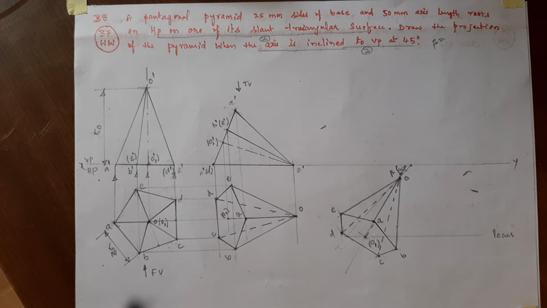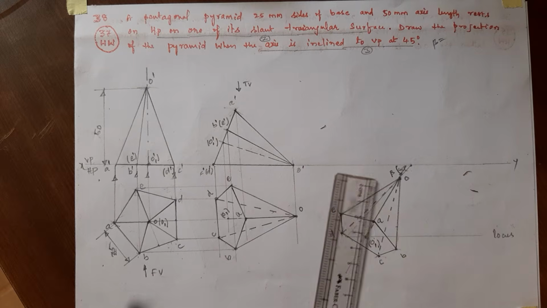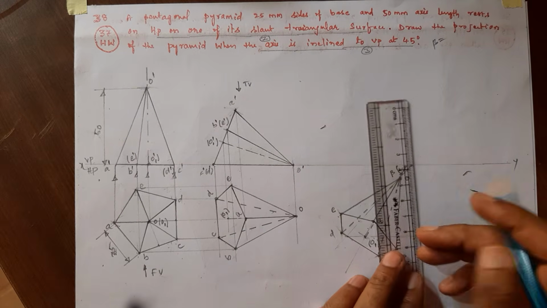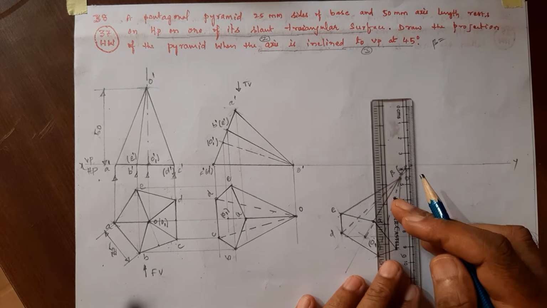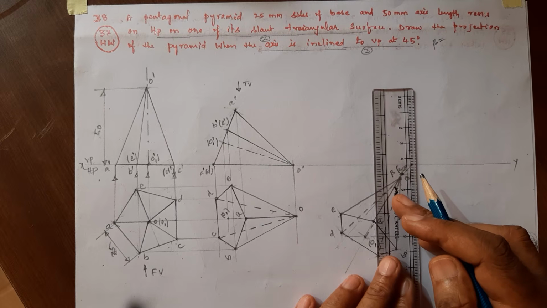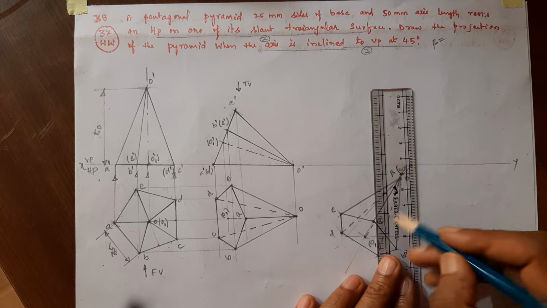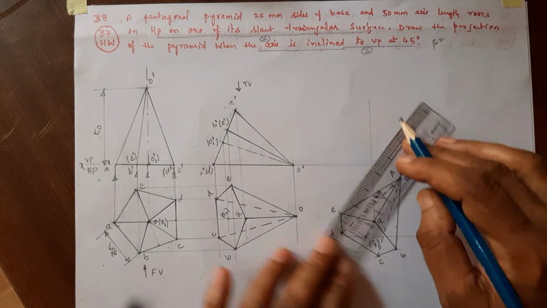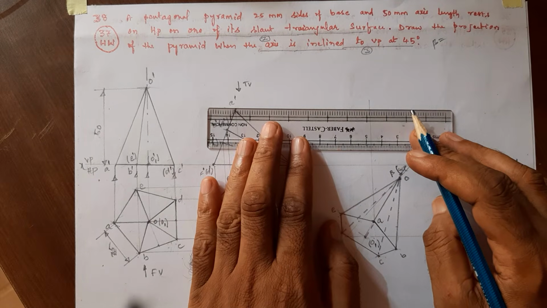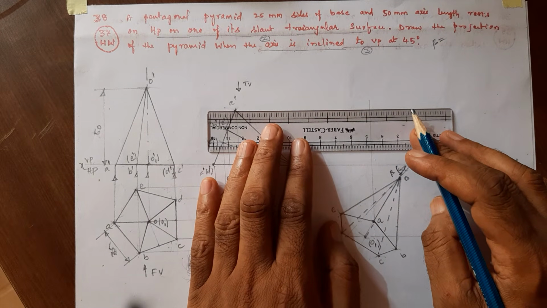So draw a vertical projector line from the A, and a horizontal projector line from the A dash.